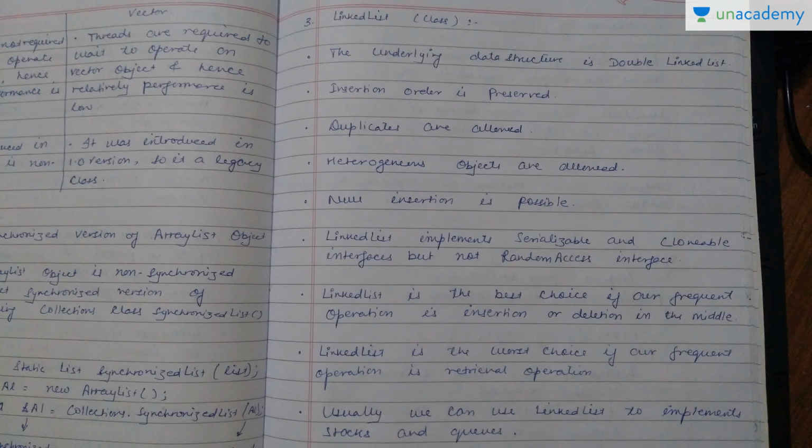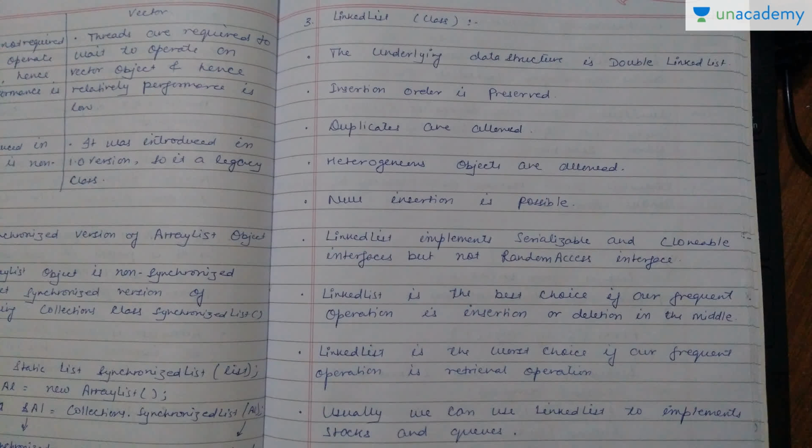If our operation is retrieval, and we want to go to a particular element, we need to go through each and every element of the LinkedList up to that element. We have to iterate from the first element till that element.